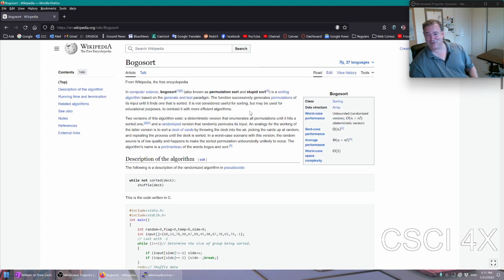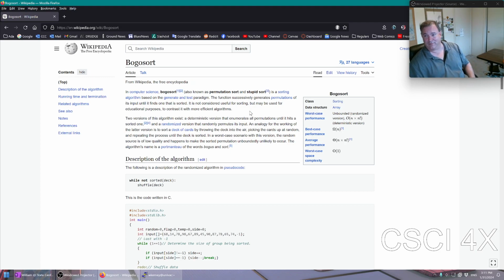For Bogosort, imagine you have a deck of cards. You shuffle it, and you see if it's sorted. If it's not, you shuffle it again and see if it's sorted. And if it's not, you shuffle it again and see if it's sorted. And if you're clever about a very stupid algorithm, you can iterate through all the possible permutations of the cards in the deck.